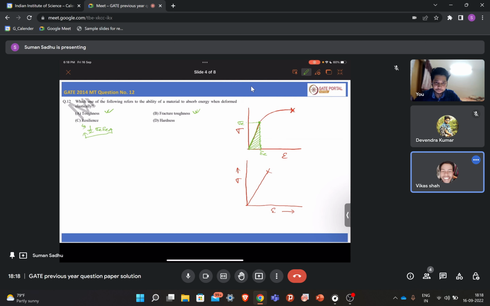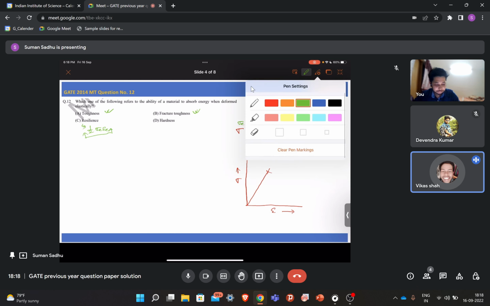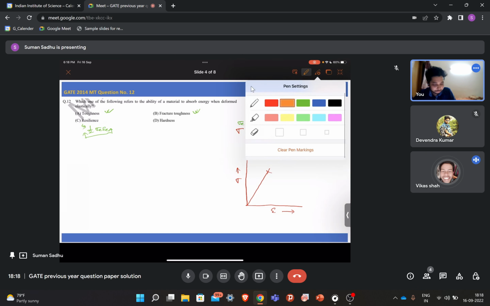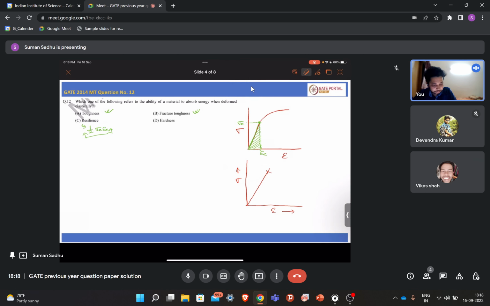Let's say this is the yield point, then the curve is increasing and then decreasing, and there is fracture here. Let's say this is the UTS. This is the fracture strength. So now, what is toughness? For this material, fracture is happening here.